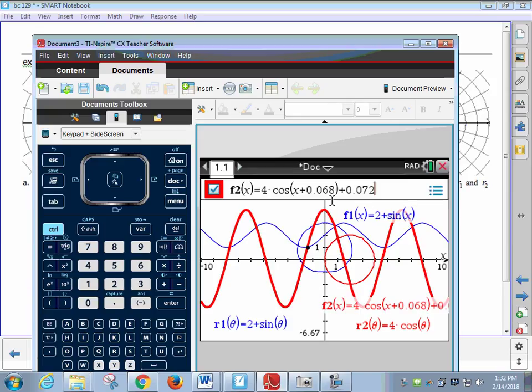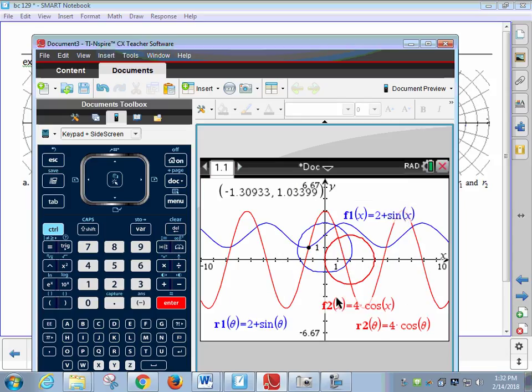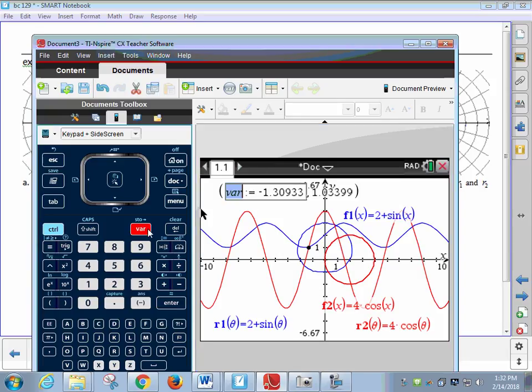I moved the graph. My bad. So negative 1.3 on that is A.